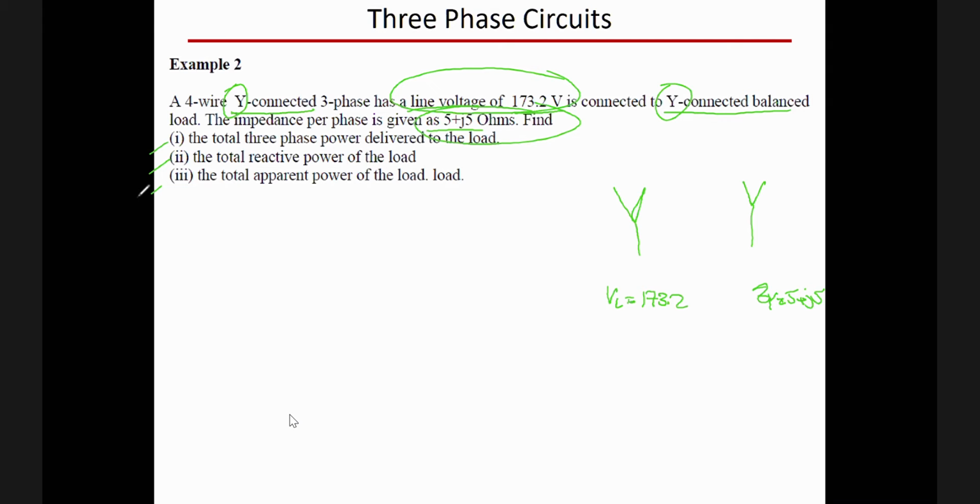So I just reviewed the equations that we can use for the real power, reactive power, and apparent power. So what do we need? Well, we need either the line voltage and line current of the load, or the phase voltage and phase current of the load, so that we can calculate the real power and reactive power.